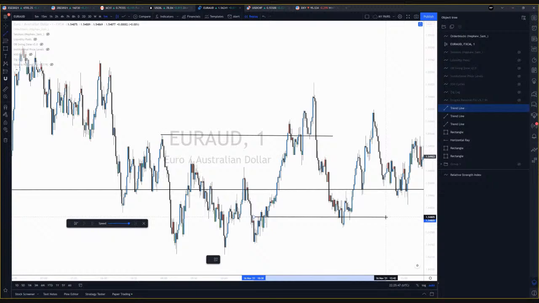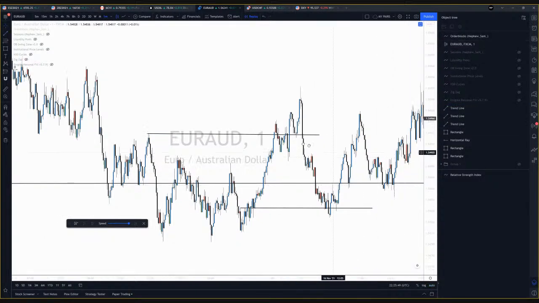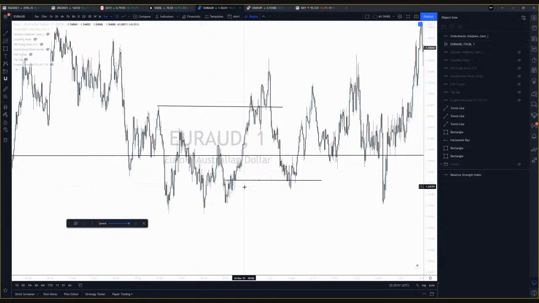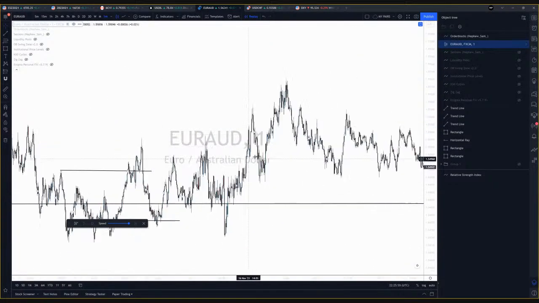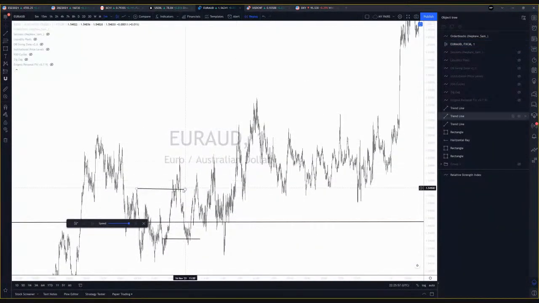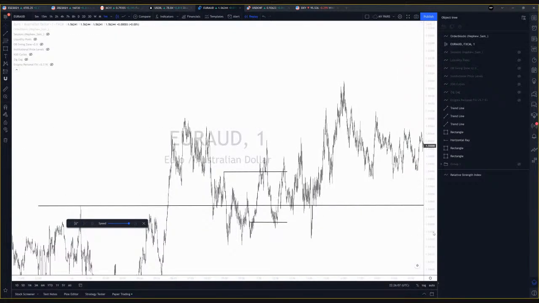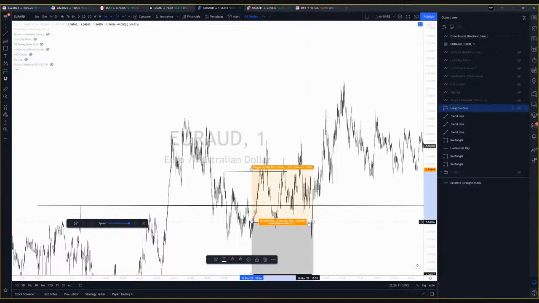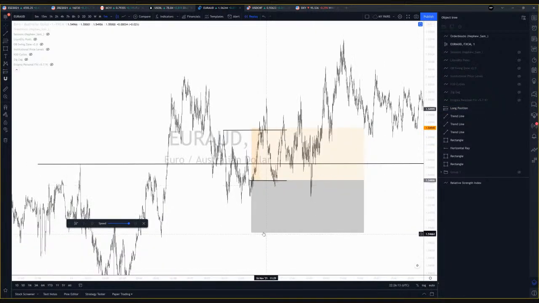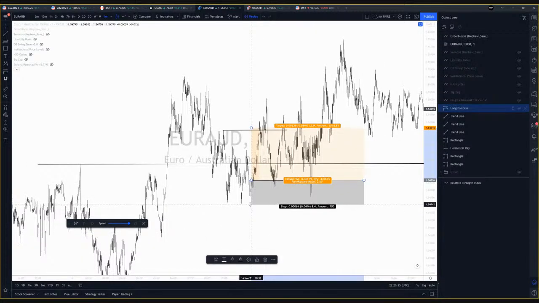That would have been the entry you probably get from him. Enter here, and then you'll be riding this. If you apply my logic and you apply his entry, that will be your entry. Let me put it there so you can see it. Obviously, your stop loss is going to be below this low.